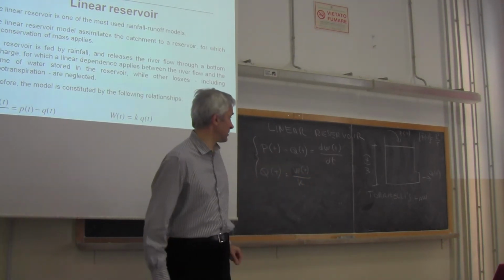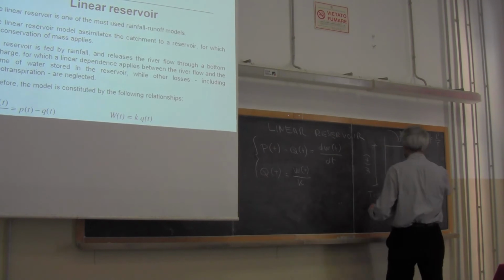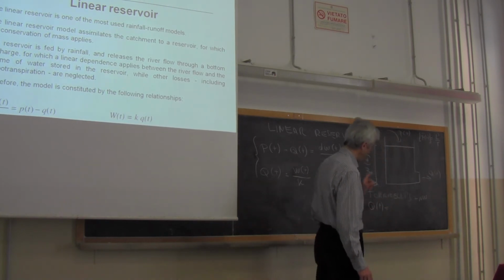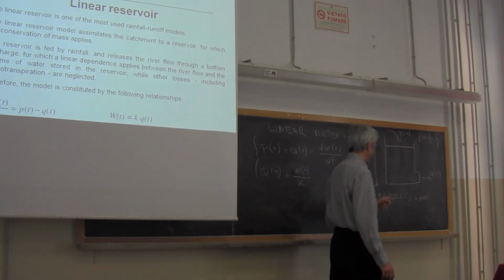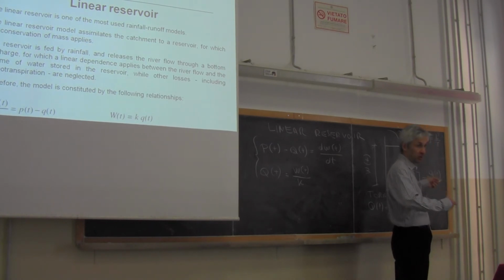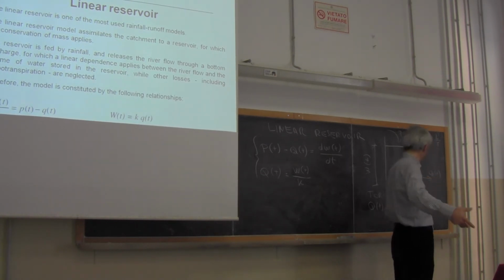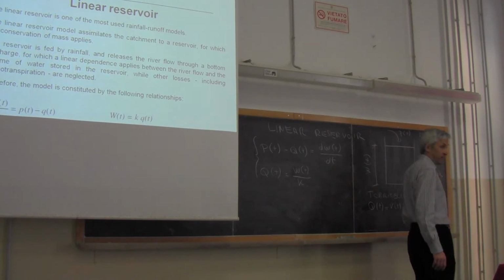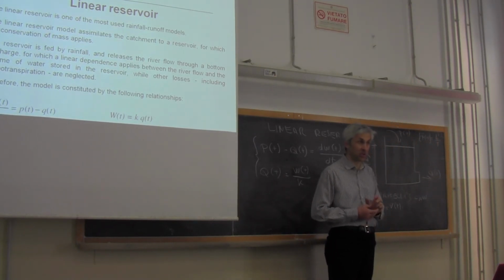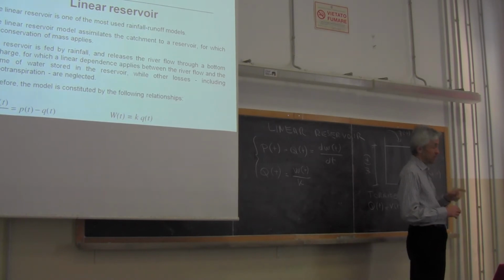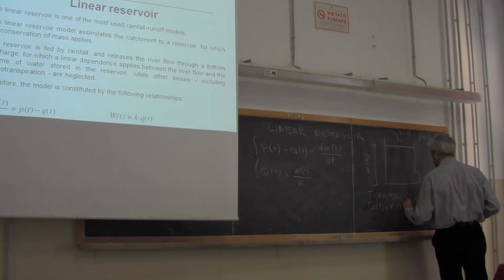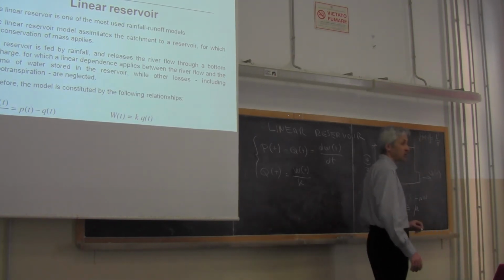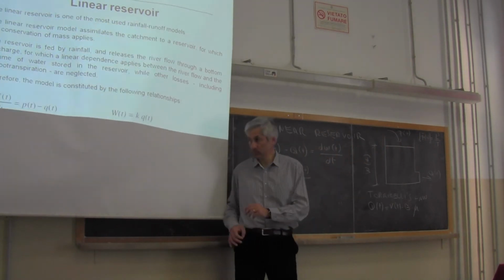It says that Q(t) can be expressed in this way: Q(t) is equal to the velocity of the flow from the bottom discharge, let me call it V(t), times the area of the hole of the bottom discharge, and there is a coefficient that is very close to 1. This is Torricelli's law.